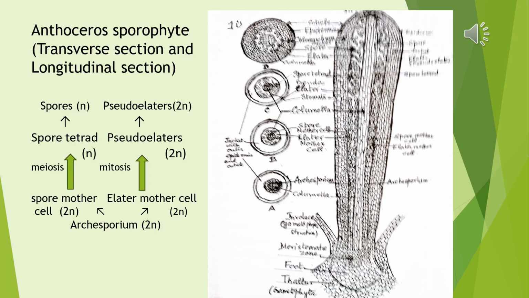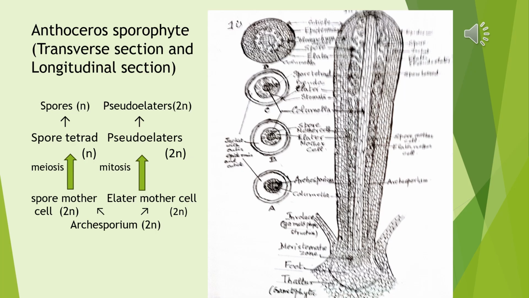The development of archegonium from the base to the top is shown in the figure as well as represented schematically. Now in the scheme you can find at the bottom is the archesporium, just containing diploid cells.